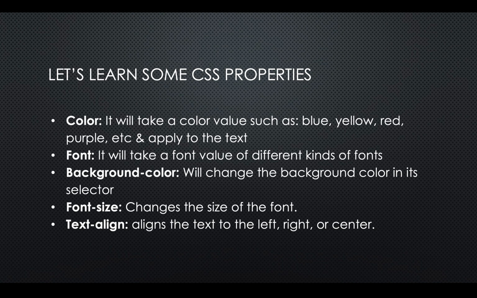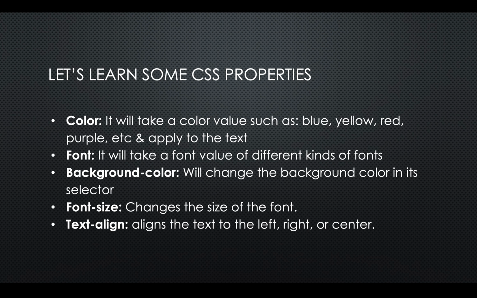So say if there's a certain shade of blue that you want to use, you would use a hex code type of color that will have a certain number of digits for that certain color that you were using.